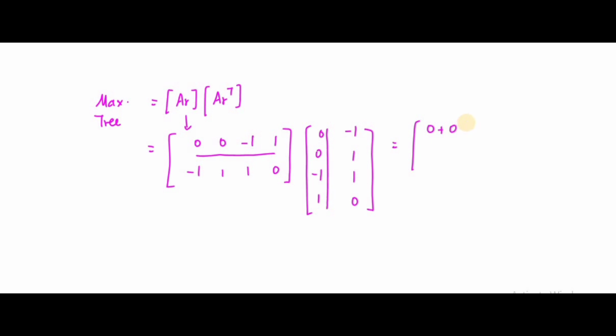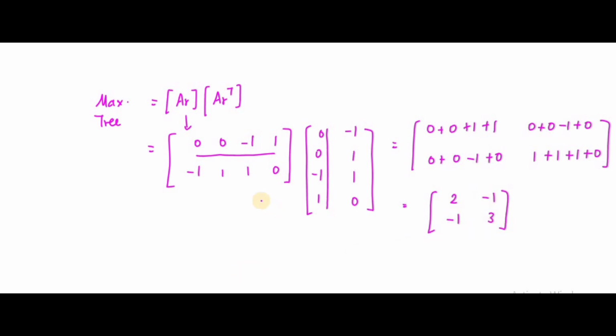Next you multiply the first row with the AR transpose second column, then the second row of AR with the first column of AR transpose, and the second row with the second column of AR transpose. The values are 2, -1, -1 and 3. To find the maximum number of trees, you take the determinant of this.